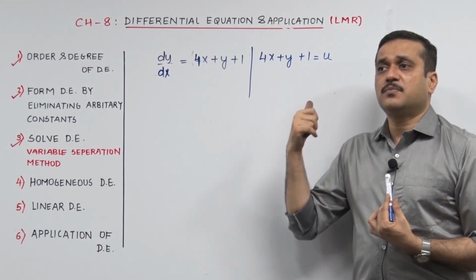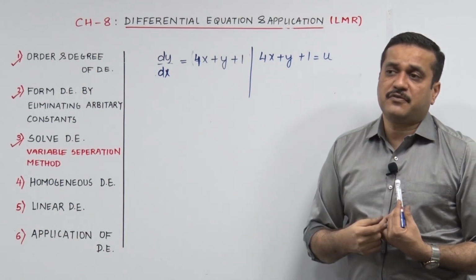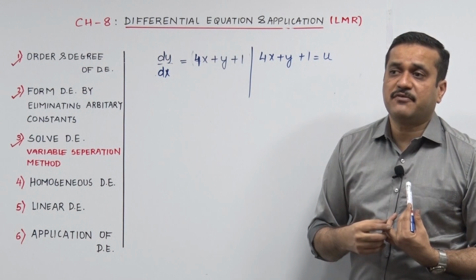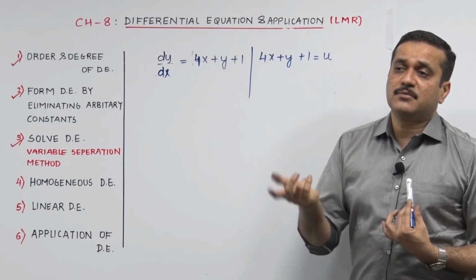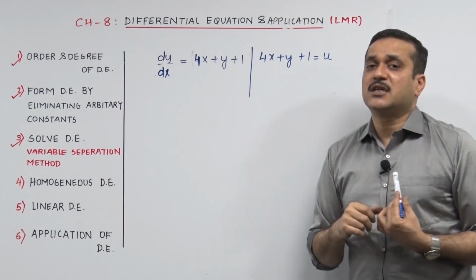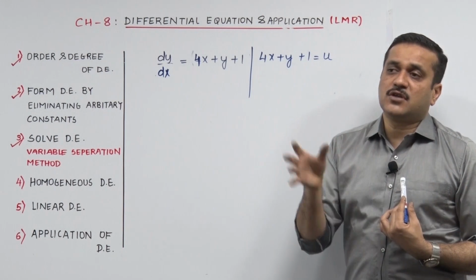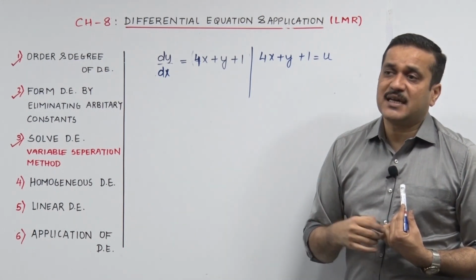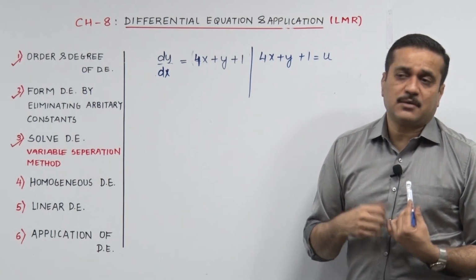But now, once you put something as u, your forthcoming new differential equation, or the new look of the differential equation, will now be containing du by dx, u ka terms, x ka terms. That should be the picture in the mind of a student. Presently the differential equation by normal standards contains what? dy by dx, x ka terms, y ka terms.